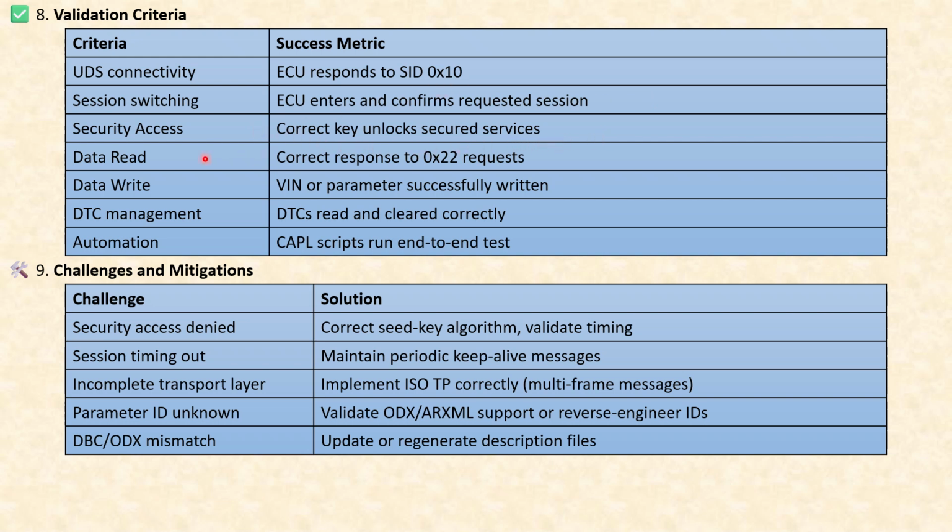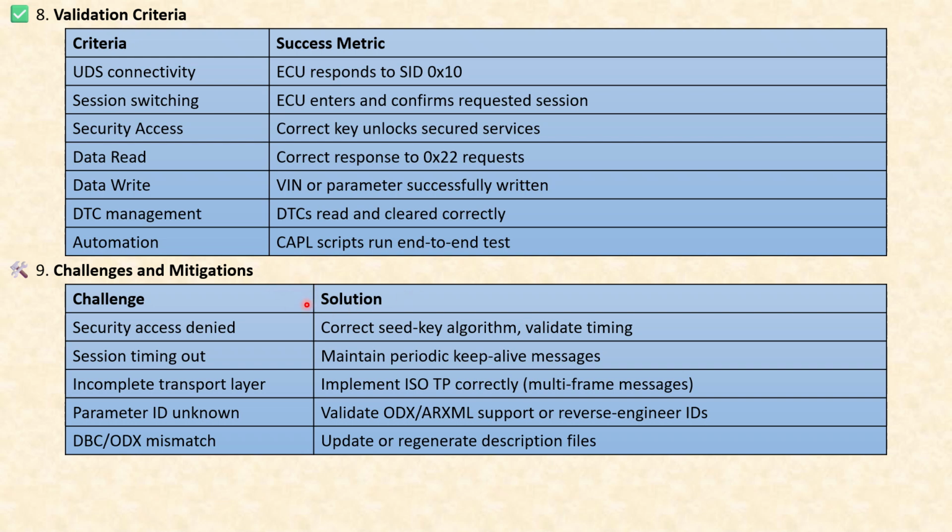Data read: correct response to 0x22 requests. Data write: the DID or parameter is successfully written. And DTC management: DTCs are read and cleared correctly. And talking about automation, let me emphasize it because this is the step that saves a lot of time: CAPL scripts run end-to-end tests.